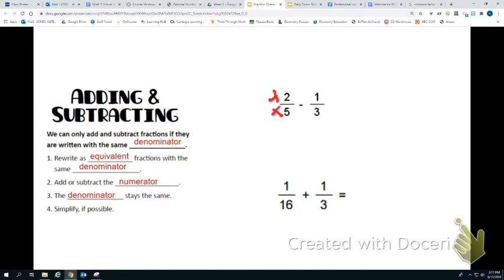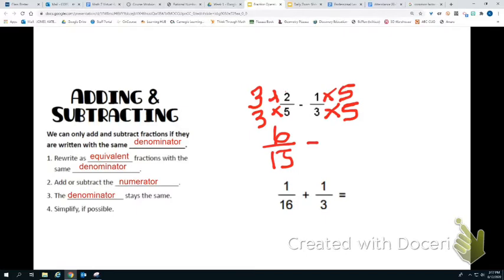So for example, we could take this 2/5 and multiply it by 3. So 2 times 3 is 6, and then 3 times 5 is 15. Then we would do the same thing over here, but instead of multiplying by 3, we would multiply by 5 since 5 times 3 is 15.